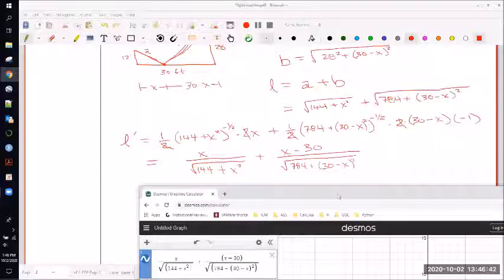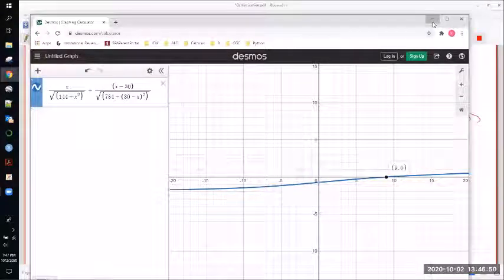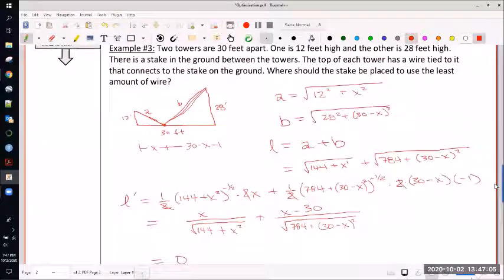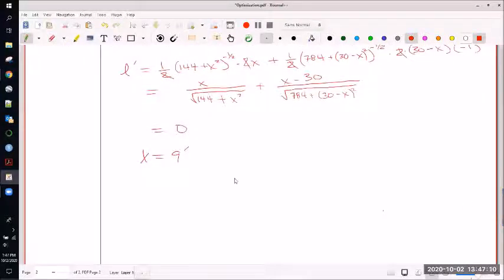And now I just need to find the zeros. Let's look at the graph. And it looks like there's actually a zero right at x equals 9. So that means the answer here is x equals 9 feet. When the stake is 9 feet away from the short tower, which means that it's 21 feet away from the longer tower, I will minimize the amount of wire that I need. And that's my final answer.